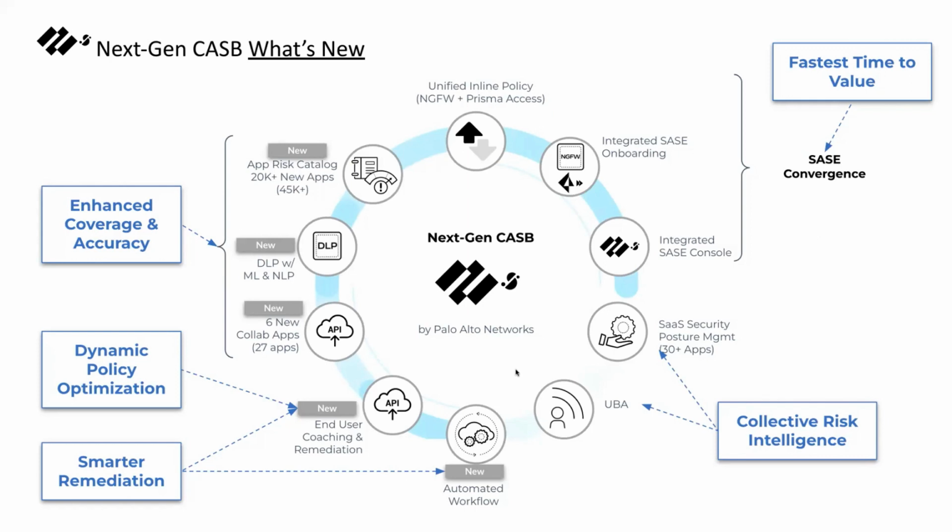And the next one is our brand new suspicious user activity offering as well, which is policy-less ability to track a baseline and flag outliers in terms of user activities.